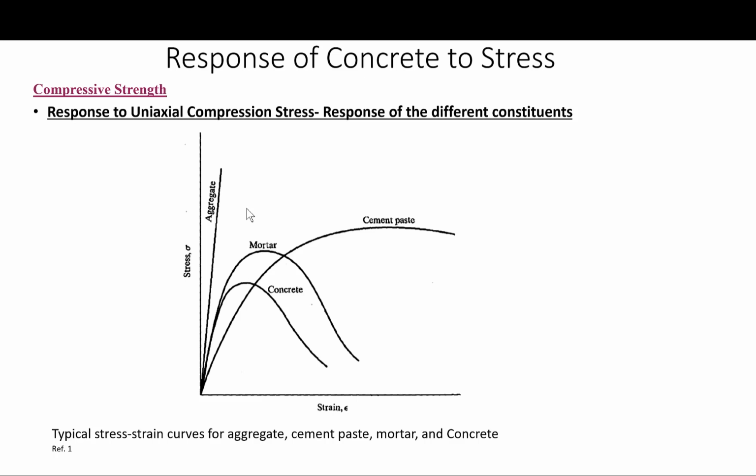So the incompatibility in the elastic moduli can lead to considerable stress concentrations under differential volume changes caused by continued hydration, temperature differentials, or drying of the concrete, one of these, or all. Since the strength of the interfacial transition zone is lower than the strength of the cement-based matrix, the cracks tend to form in this region, okay?